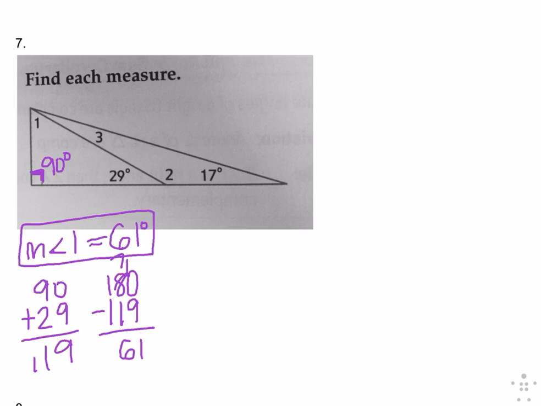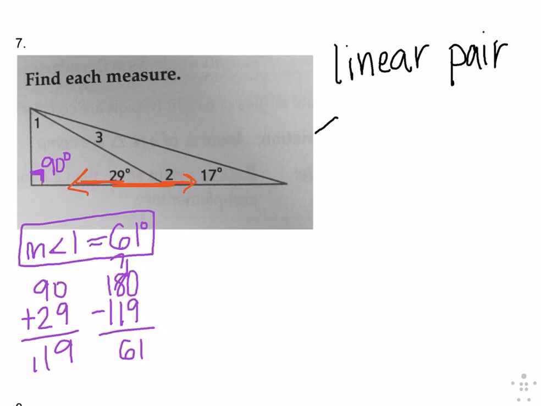Now we can find the measure of angle 2. If you look right here, the 29 and angle 2, those are a linear pair. What that means is they are on the exact same line.